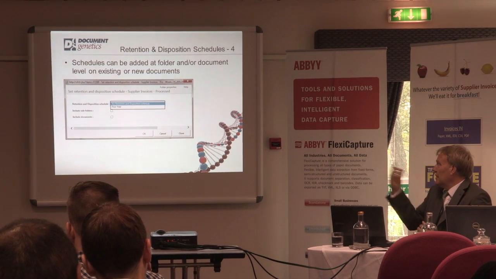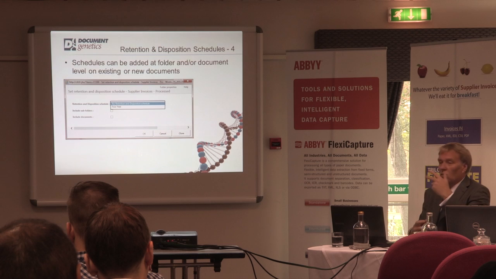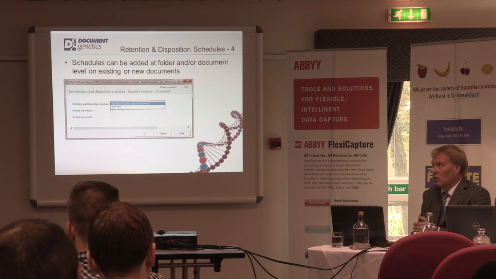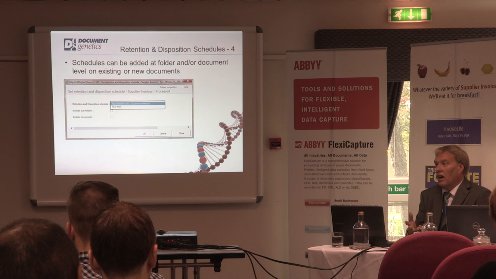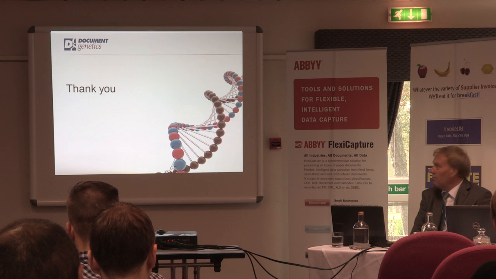But the flexibility is there to set up more than one of these schedules. And as Ed mentioned, you can set a 2-year one up, a 4-year, 5. These are really business rules that each of you will have different procedures based on that. Right, thank you.